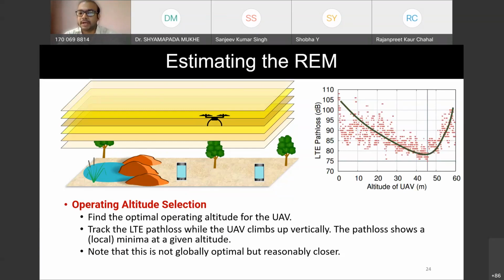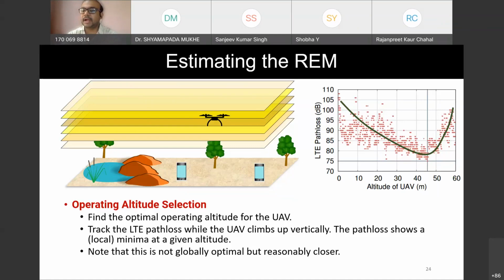Once you are on the ground, because of the foliage and the obstacles near the ground, you will have a very high path loss, or a lower signal strength. And as you climb up, your signal strength gets better and better because some of the obstructions are now cleared off. And from a certain location in the air, here in this case close to 40 meters, it can go high up in the air, this kind of a drone.